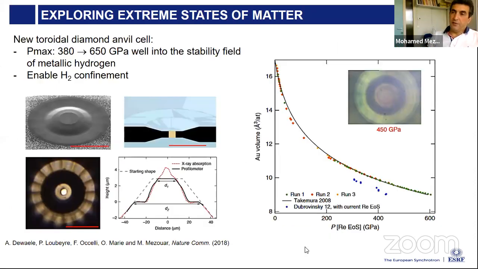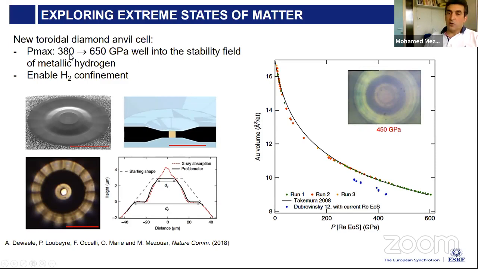The device to do that is the diamond anvil cell. Here I show you a recent development, a toroidal diamond anvil cell, because with the classical, standard-shape diamond anvil cell, the maximum pressure that could be reached is on the order of 380, 400 GPa maximum.